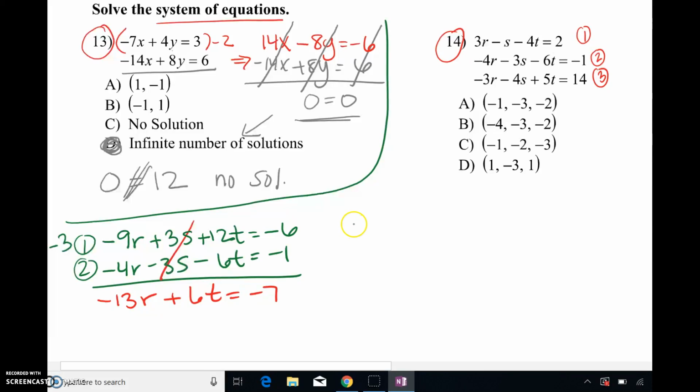Okay, now I'm going to take equation 1 and equation 3. What do I have to multiply equation 1 by? If I'm eliminating s, you have to eliminate the same variable. So if I'm eliminating s and I have a negative 4, what do I have to multiply negative 1 by to get the opposite of negative 4? Good, I have to multiply by negative 4 to get a positive 4, which is the opposite. So negative 12r plus 4s plus 16t equals negative 8.